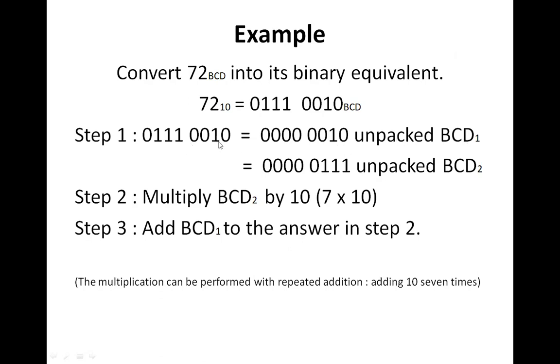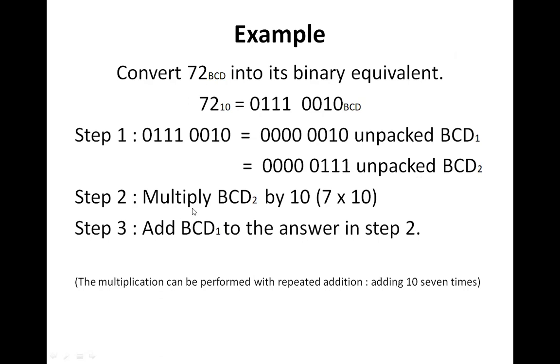Similarly, this value is made 0000 and the 0111 is shifted right so that it becomes 0000 0111. Now this represents 2 and this represents 7. So that will be unpacked BCD2. This is BCD1 and this is BCD2.